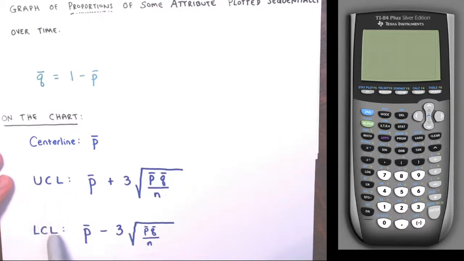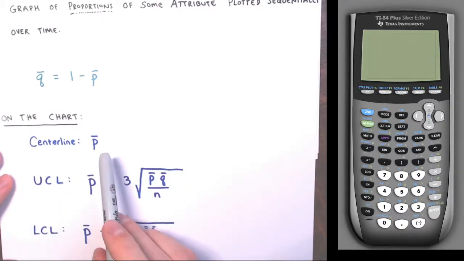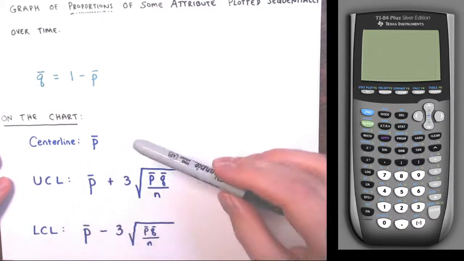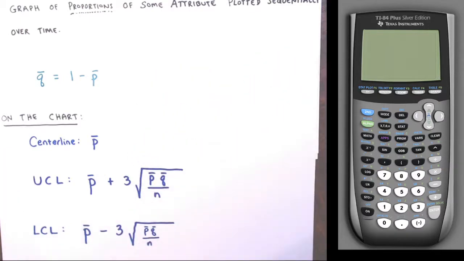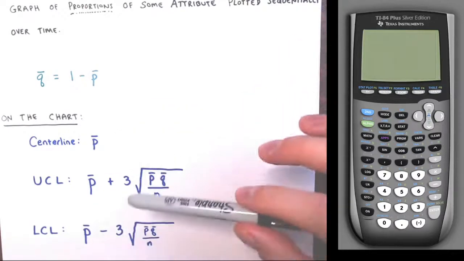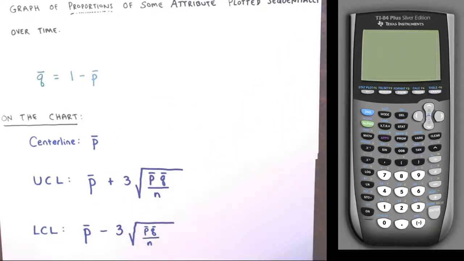Then for the upper and lower control limits, you go from the center line and add and subtract 3 standard errors of the proportions, like 3 standard deviations above and 3 standard deviations below. You may have heard somebody refer to six sigma before. This is related to that, though I'm not going to get into that.